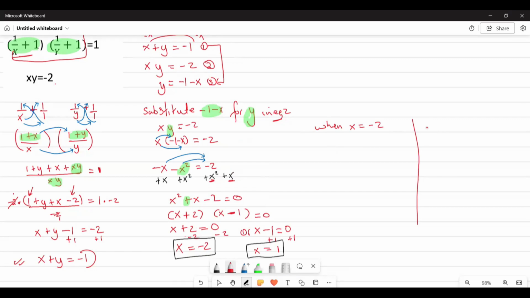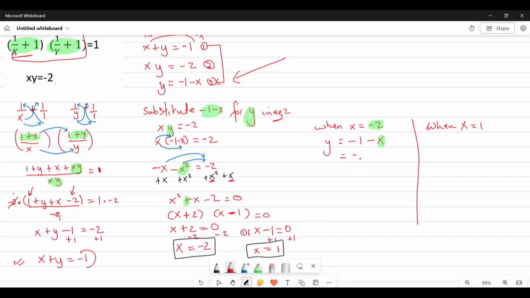And the second case is when x is equal to +1. So I want to know what's going to happen there. Remember that in our third equation, we got y is equal to -1 minus x. And I'm going to put -2 where the x is. So let us see what we have.